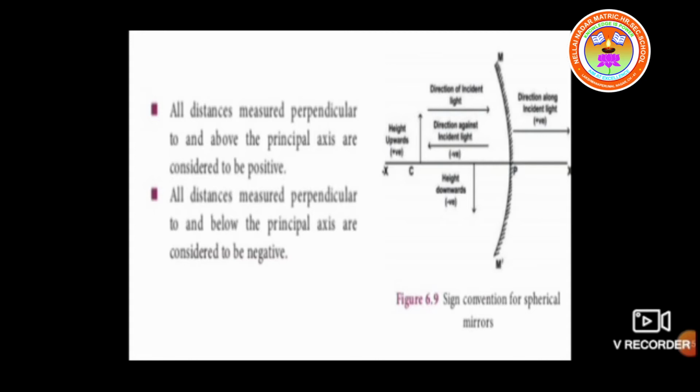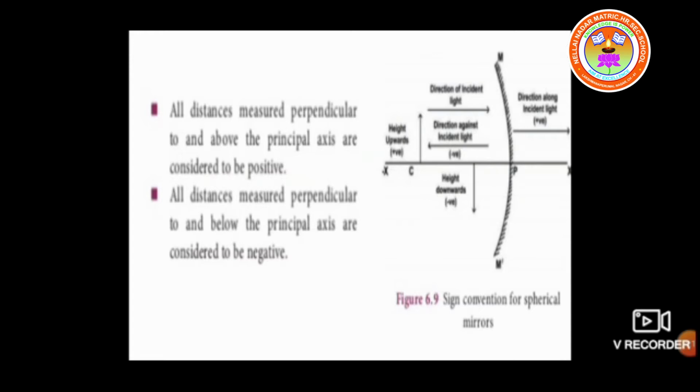Like here, you are measuring the values from the pole, and those values are towards downwards from the principal axis. This is the principal axis. The axis that joins the center of curvature and the pole of the mirror is called the principal axis.